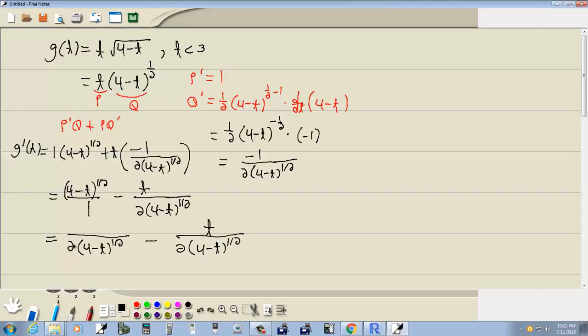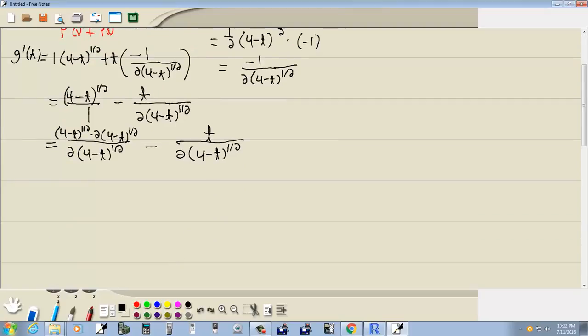But our first one, we multiplied the bottom part by this. We have to multiply the top part by it. So we're going to have 4 minus t to the 1/2 times 2 times 4 minus t to the 1/2. So we'll have 2 times 4 minus t to the 1/2 times 4 minus t to the 1/2.